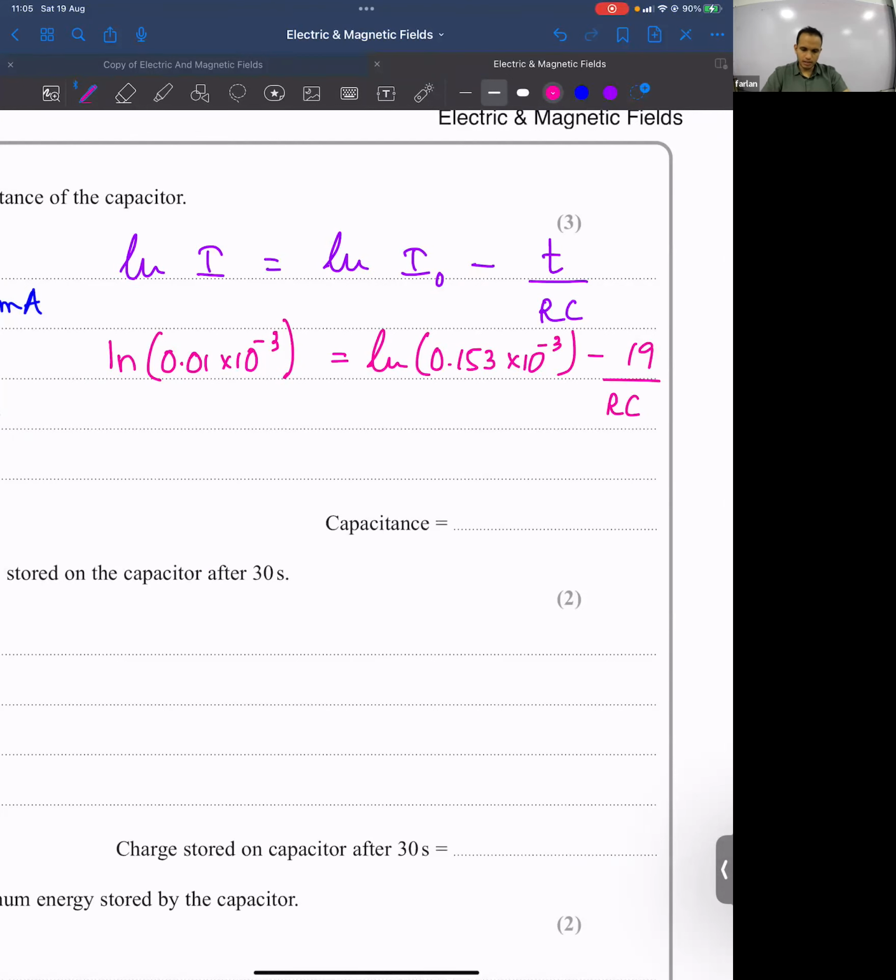So from here, if I make RC the subject, the RC I'm getting is 6.965.